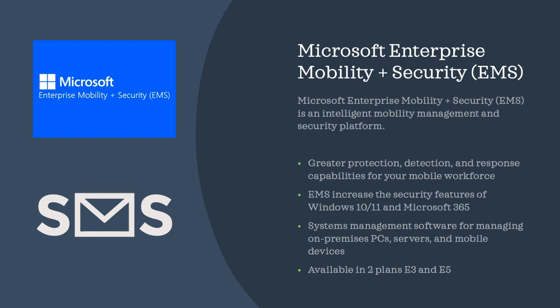So it's a service that will allow greater protection and detection of your mobile workforce or remote workers. It also increases security features which are in Windows 10 and 11, as well as Microsoft 365. And one of the benefits is system management software for managing on-premise PCs, servers and mobile devices. So you can use it on a vast range of devices, and it comes in two plans as well.